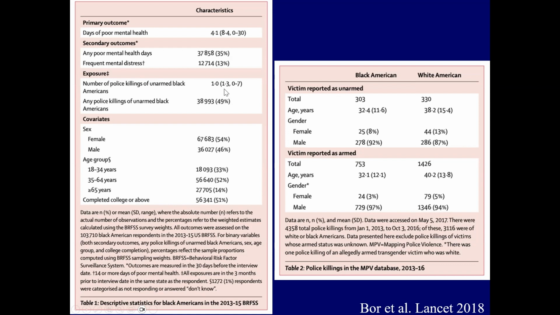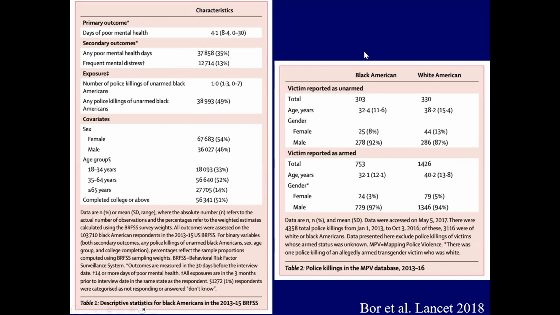Respondents experienced on average 40.1 days of poor mental health in the months prior to interview. 38,000 Black American respondents were exposed to one or more police killings of unarmed Black Americans in their state of residency in the 3 months prior to the survey, which accounts for about 49% of the entire sample.